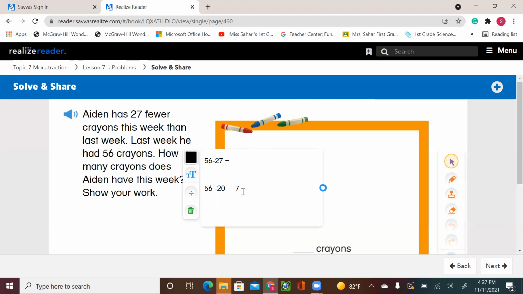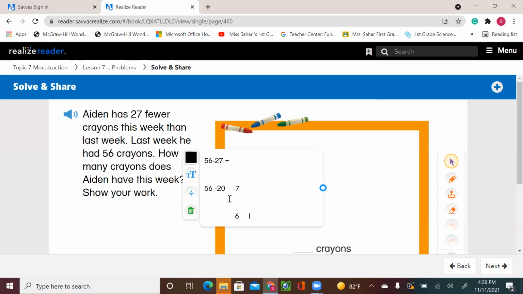And I'm also going to break apart 7 into 6 and 1, because I know that I have 56, so I have 6 here.